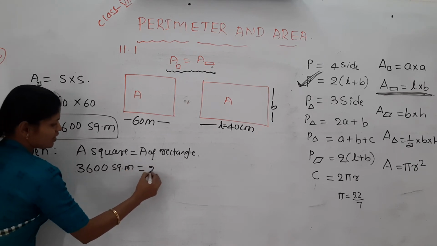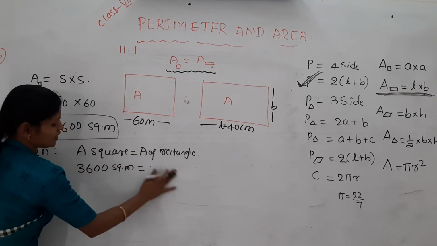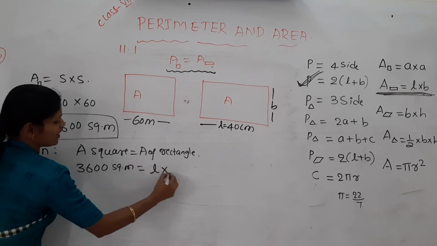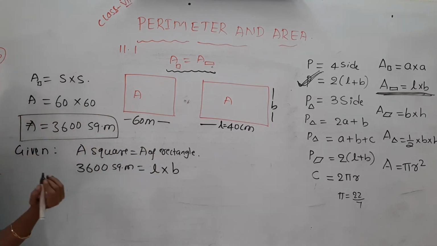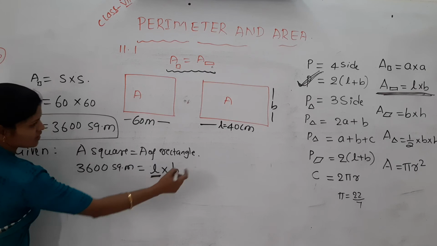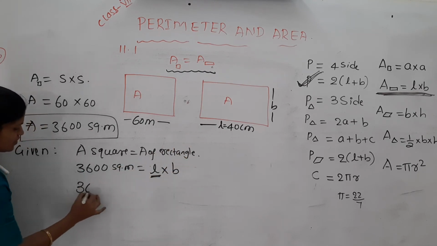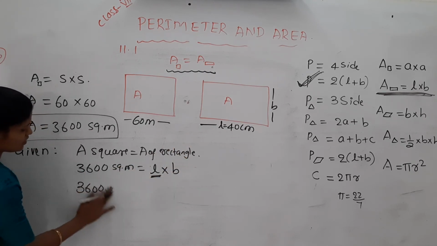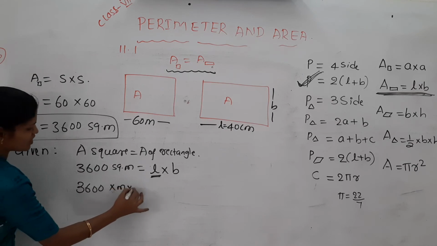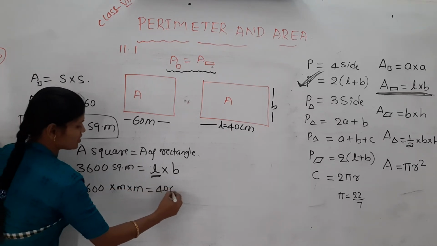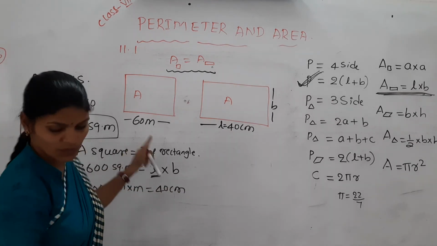Area of the rectangle formula is length into breadth, and you know the length of the rectangle here.